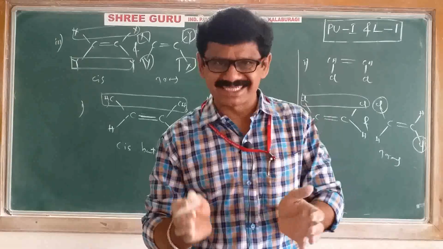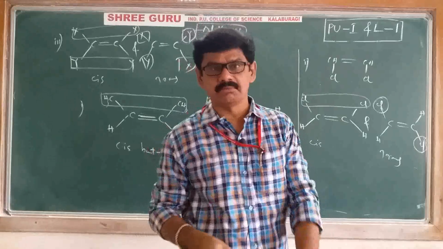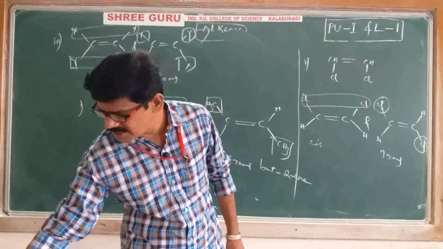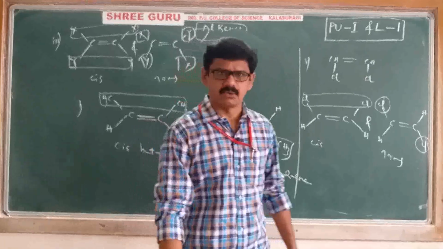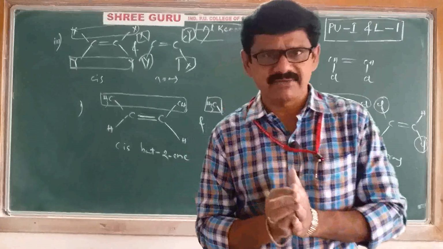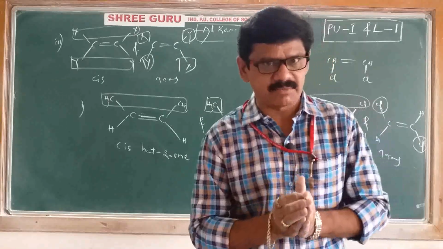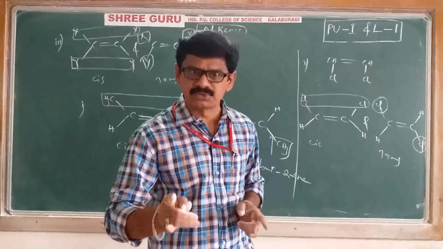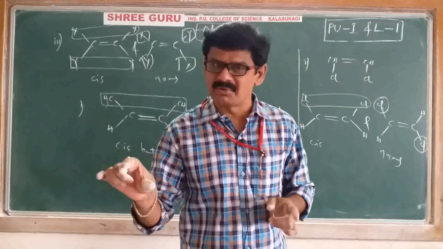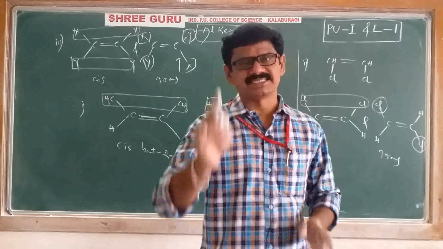Due to restricted rotation across the carbon-carbon double bond. These are the geometrical isomers in alkenes. How to define them? Compounds having the same molecular formula and structural formula, but differing in the spatial arrangement of atoms or groups across the double bond due to its restricted rotation.